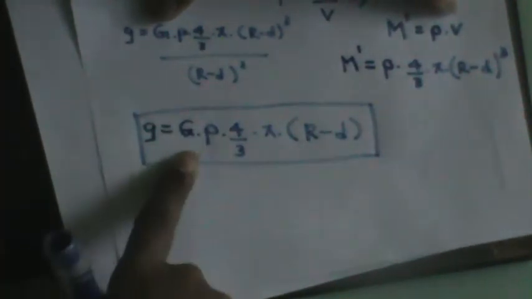So the value of G is directly proportional to r minus d. If you keep that constant, again the value of G will be directly proportional to the density. So here also we can find the same relationship: G is directly proportional to rho and G is directly proportional to r minus d. These are the two relationships we can find here.